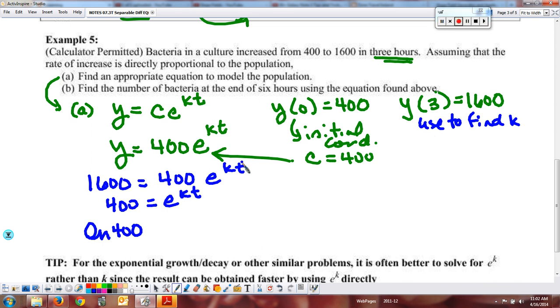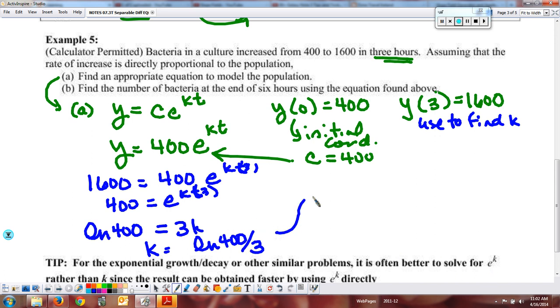So this should be 3. That should be 3. So natural log of 4 equals 3k. And so k is exactly natural log of 4 divided by 3. Okay? And a lot of times when you're doing this, they say it's better to solve for e to the k, because watch what happens.